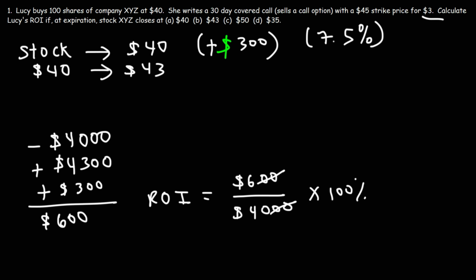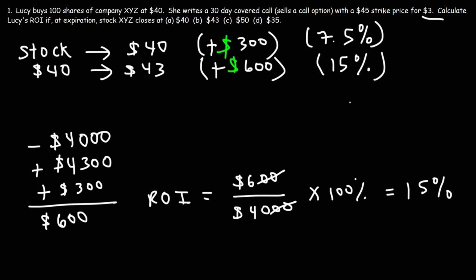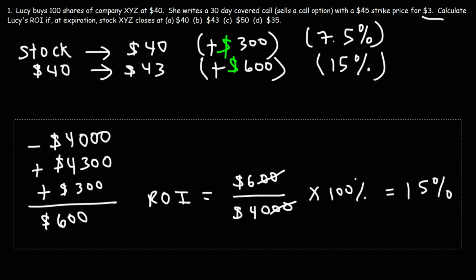So times 100%, her return on investment for the second case is 15%. So let's put plus 600 as the net profit for this trade, and her ROI is 15%. Now let's move on to part C.